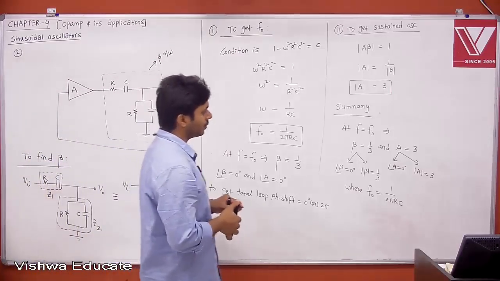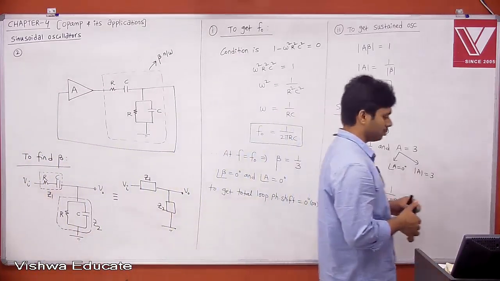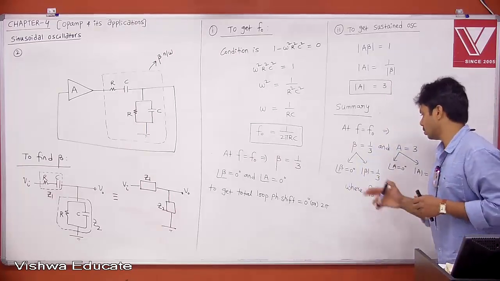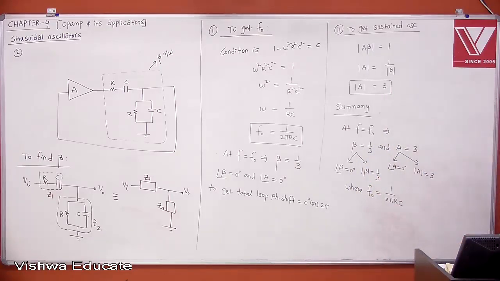Total loop phase shift and your loop gain both are 1 and positive. Therefore, now tell me what is your open loop gain requirement? Your open loop gain requirement is simply 3.